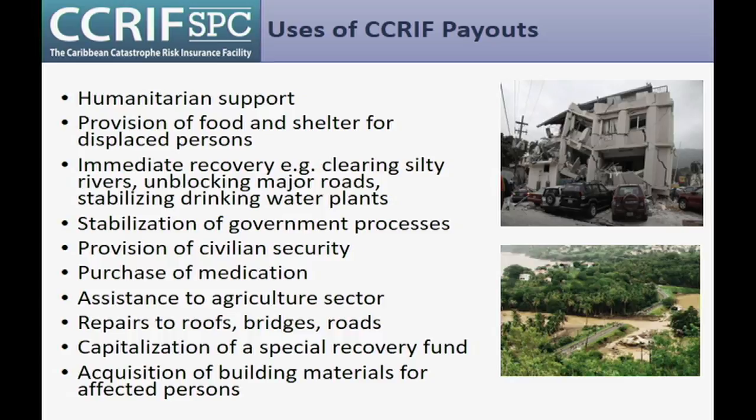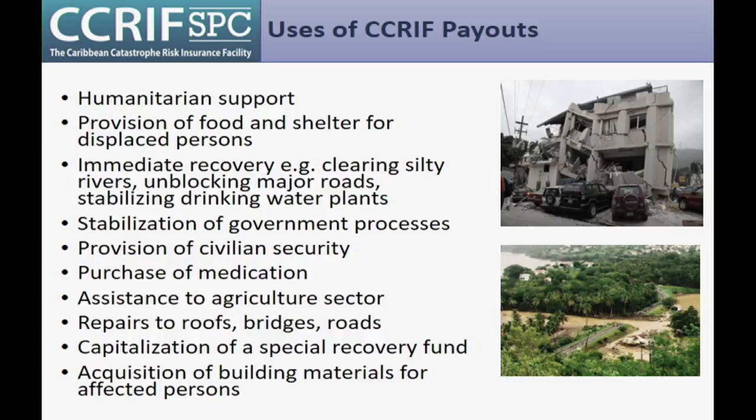So in addition to our sovereign level products, we're also involved in microinsurance. We have an arrangement or collaboration with the Munich Climate Insurance Initiative and some reinsurance companies as well, including Munich Re. And we've developed two products. One is a livelihood protection policy, and one is the loan portfolio cover.